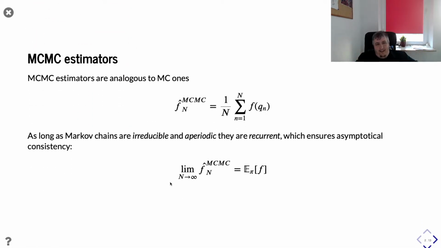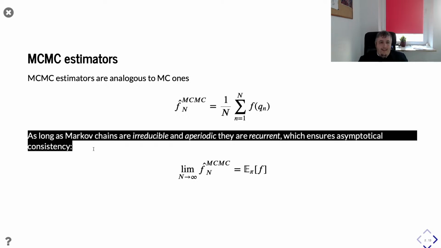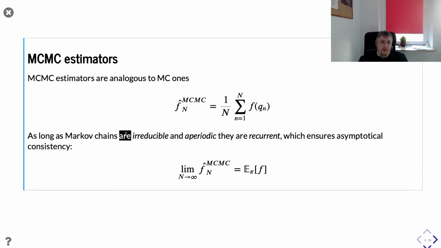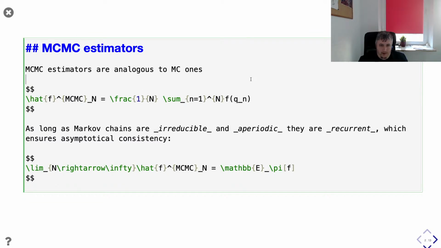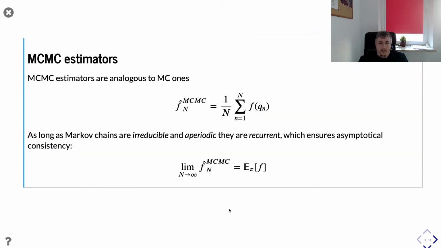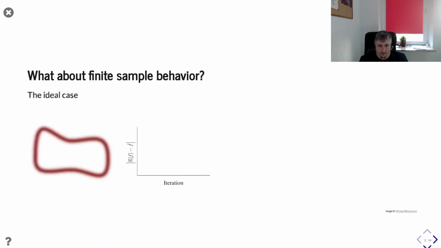And as long as we are getting samples from the typical set, which we explained last time, we have Markov chain Monte Carlo estimators, which are very similar to Monte Carlo estimators. And as long as the Markov chains of interest are irreducible and recurrent, we have asymptotic consistency as previously.